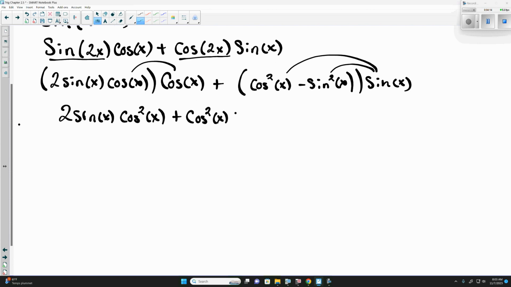Cosine squared of x sine of x minus sine cubed of x. Now we can simplify this a little bit. Which I'll finish writing.